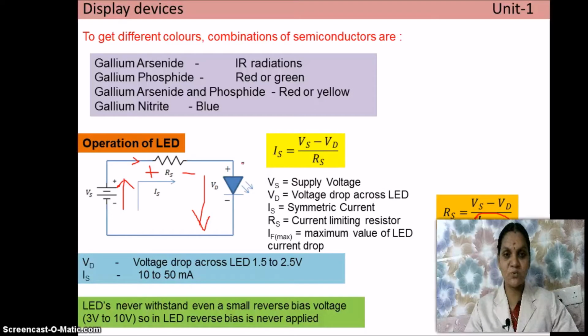It can withstand only a particular value of forward current. We have to substitute that value here in deciding the value of Rs. We cannot use any value of Rs. So the particular value of Rs needs to be selected properly. That depends on the value of I max. So based on this equation, we can choose the value of Rs.